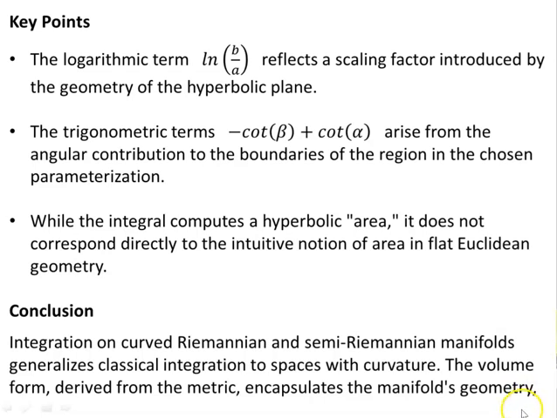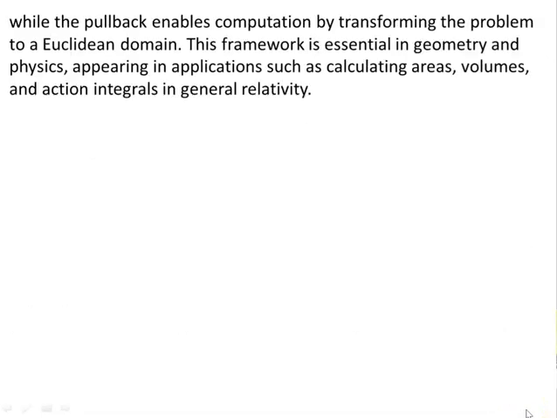In Euclidean space, all that's just one, but in curved spaces, it's not. While the pullback enables computation by transforming the problem to a Euclidean domain, making life easier for us. This framework is essential in geometry and physics, appearing in applications such as calculating areas, volumes, and action integrals in general relativity.